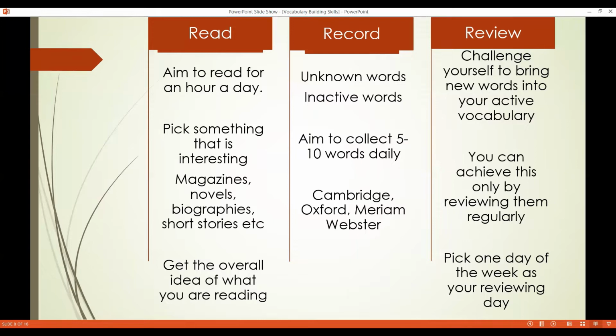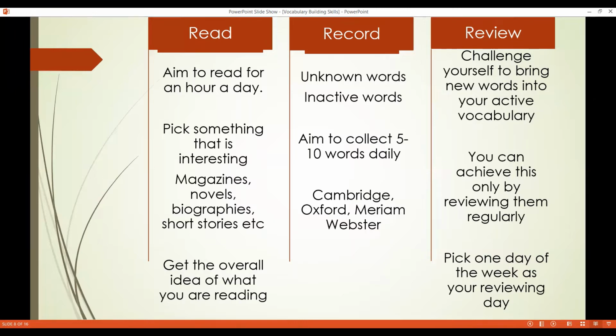You can achieve this only by reviewing those words regularly, and pick one day of the week as your reviewing day. Try to get the gist of what you are reading. Do not get overwhelmed when you are looking at words that you do not know the meaning of, and do not try to find out the meanings of those words while you are reading.